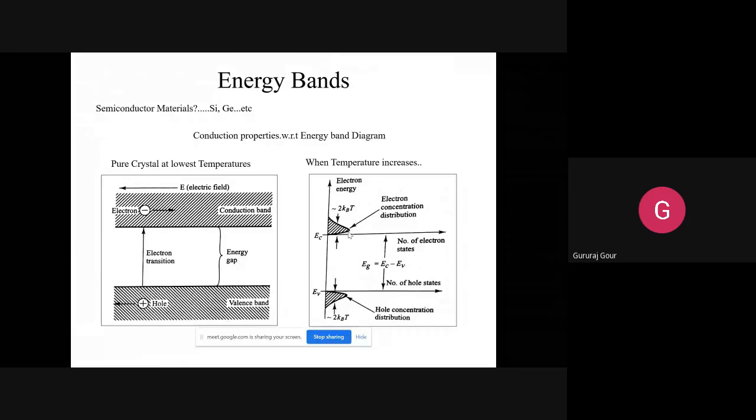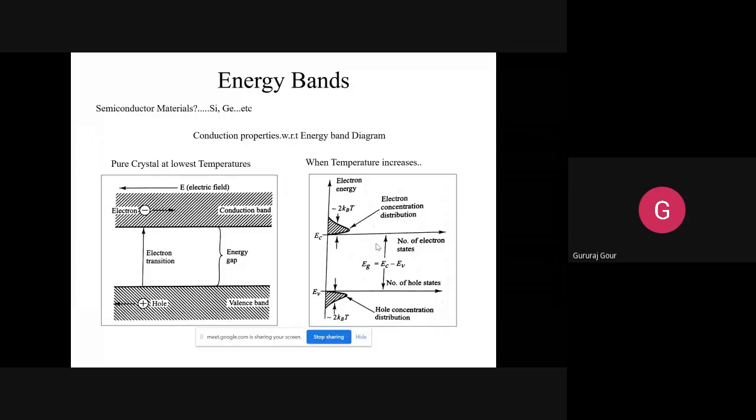The gap energy is indicated by the difference EC minus EV, obviously, because EC is more than EV. We need more energy to jump to the conduction band, that is EC, than the valence band, that is EV. So EC minus EV will give the gap energy.